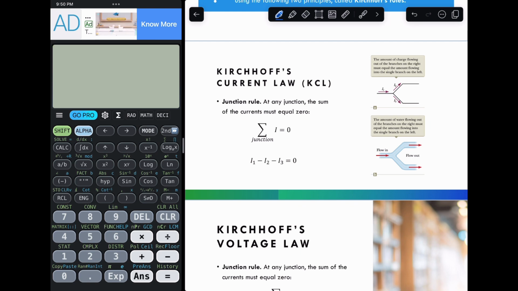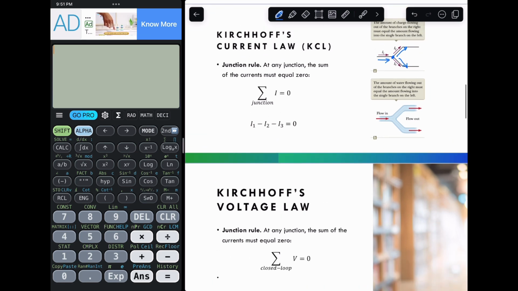In this case, as you can see, we have this junction. I1 is entering that junction, so it is considered positive, and I2 is leaving the junction together with I3. So our resulting equation will be I1 minus I2 minus I3. That is for Kirchhoff's current law.